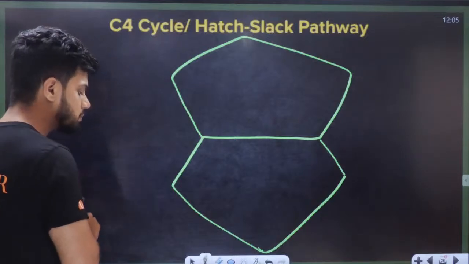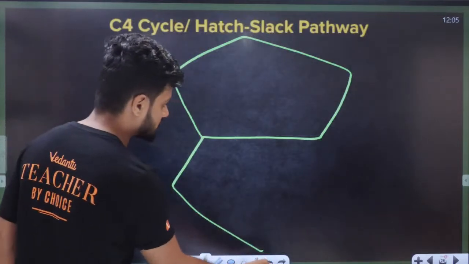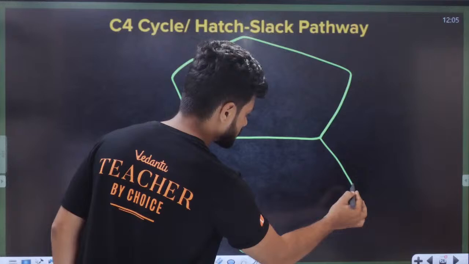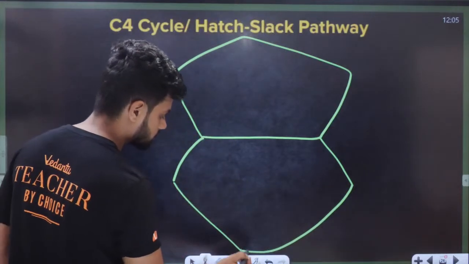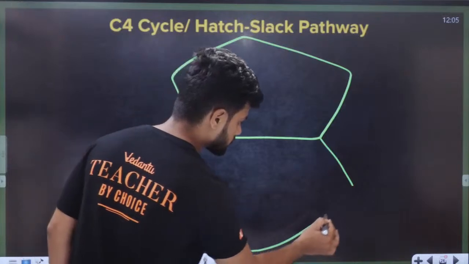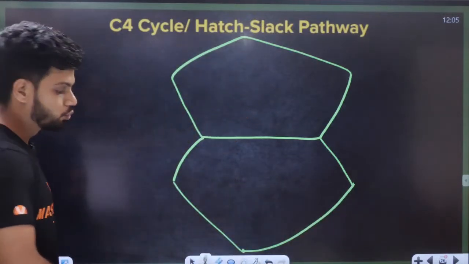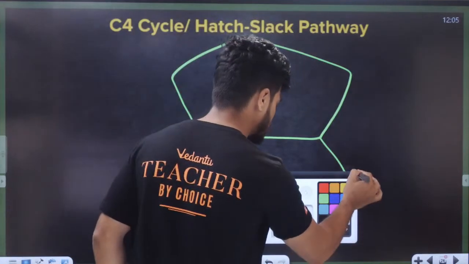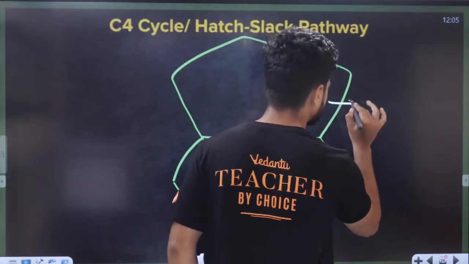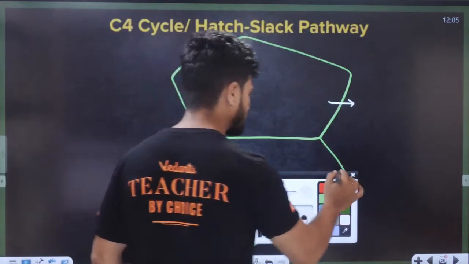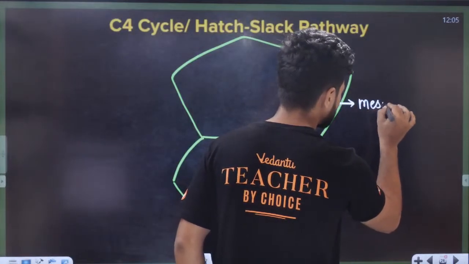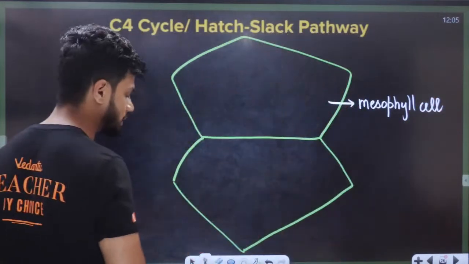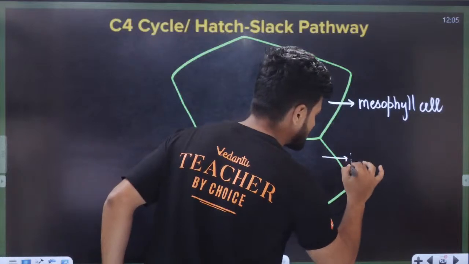There are two types of cells here. One is called the mesophyll cell, and the one at the bottom is called the bundle sheath cell.